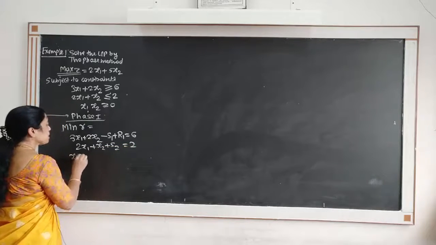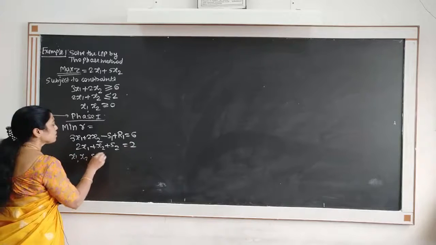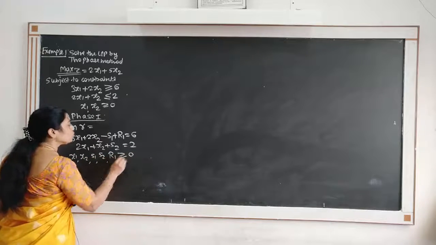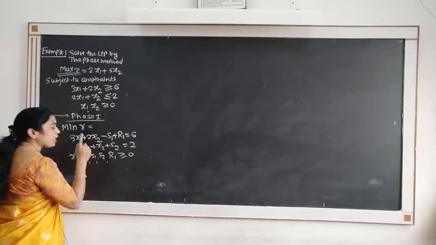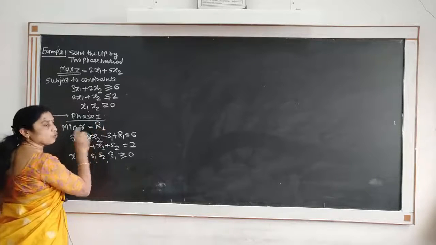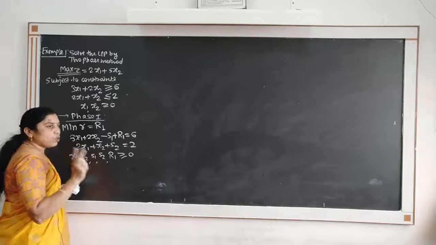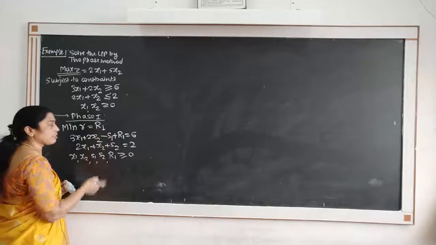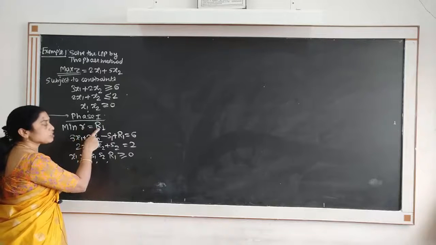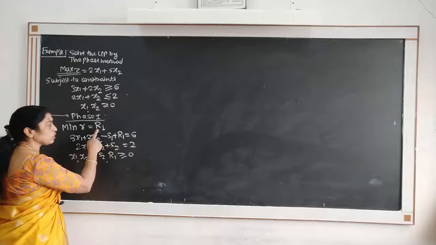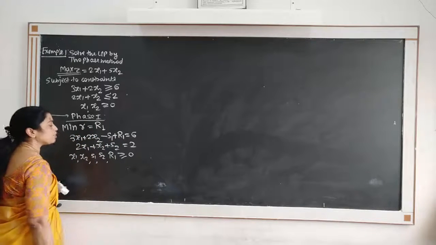All the variables x1, x2, s1, s2, r1 are greater than or equal to 0. Observe that there is only one artificial variable. So here we write down only R1. If there are two artificial variables, we will take the sum R1 plus R2, etc. So R is nothing but sum of artificial variables. Because here is only one artificial variable, we take minimum R is equal to R1.